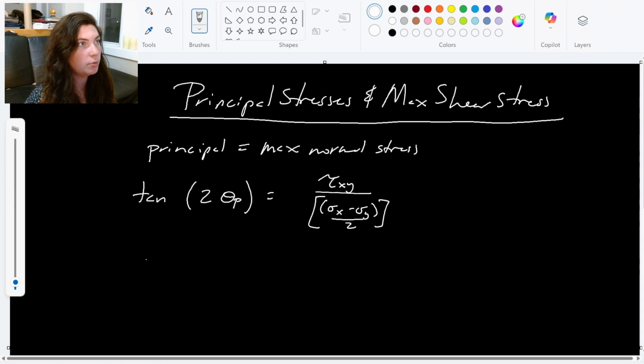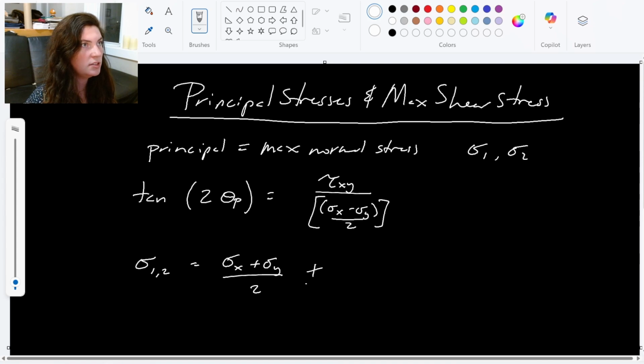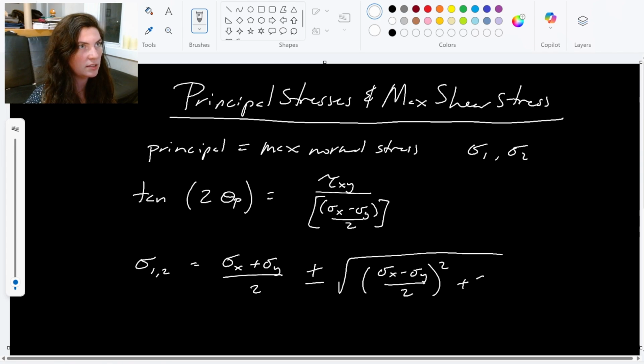Or if I want to find the principal stress, we'll call them sigma 1 and sigma 2. Those are going to be our principal stresses. I can find sigma 1 and sigma 2 using my normal stress in x direction plus normal stress in y direction over 2 plus or minus the square root of sigma x minus sigma y over 2 squared plus the shear stress squared.